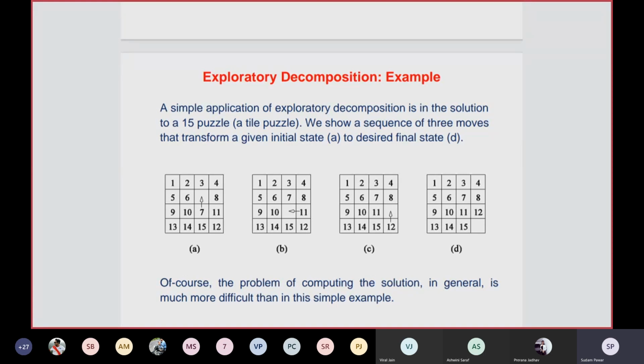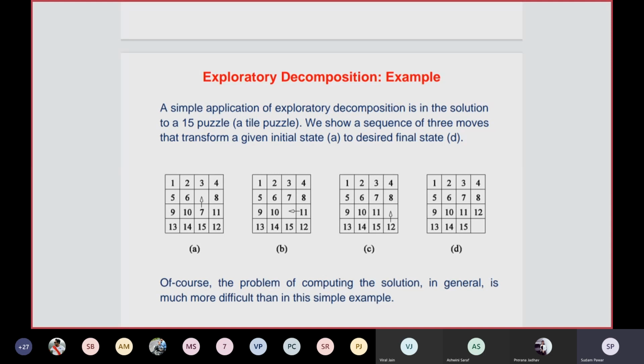You can move 7 up, and then you get the resultant matrix shown in substate B. After that state B, you can move 12 up, and then you get the resultant state represented in D, which is your desired or expected resultant matrix for the puzzle problem.